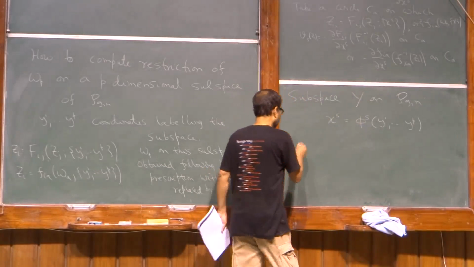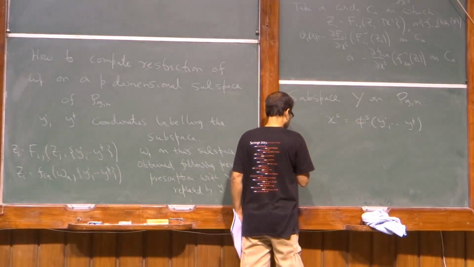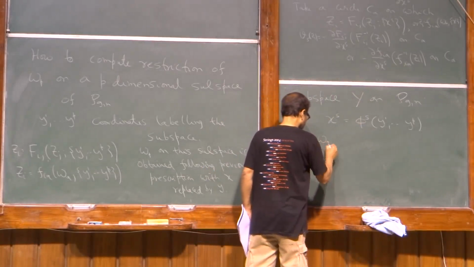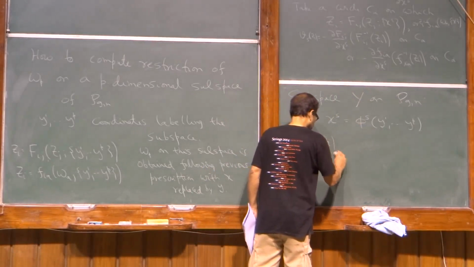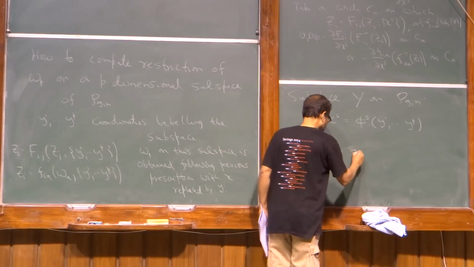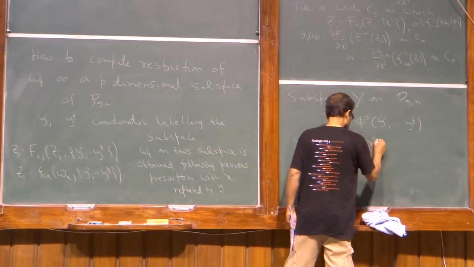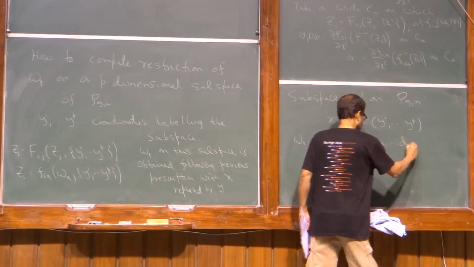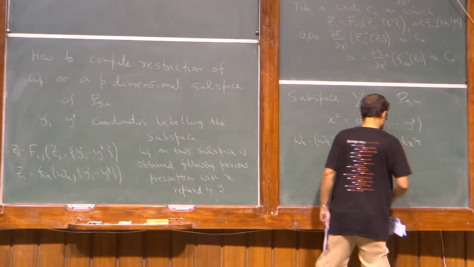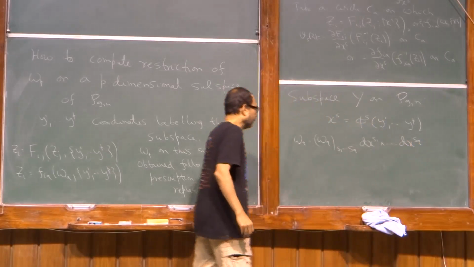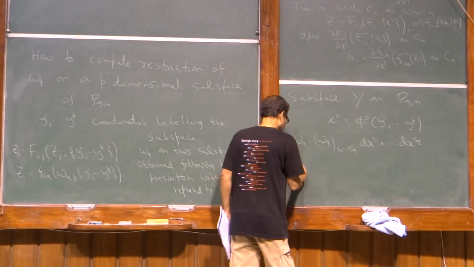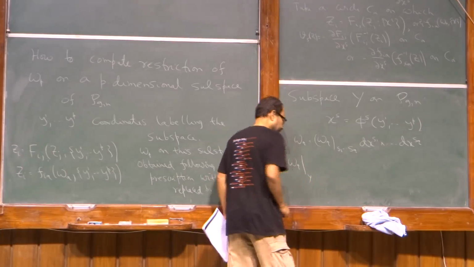Now suppose I have a q form, omega q, with components omega q s1 to sq multiplying dx s1 and so on. What do you mean by restricting omega q to the subspace?